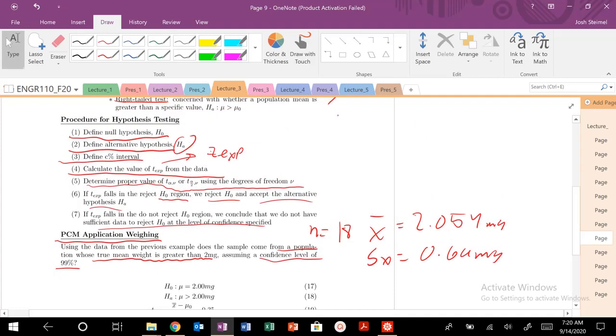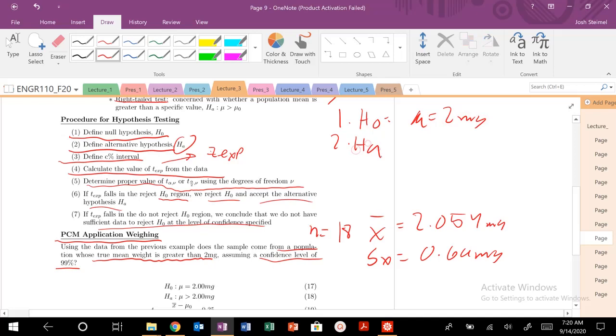From this problem statement, step 1, what is our null hypothesis? The alternative hypothesis is given in here. Whenever you read this data set, it's asking, does the sample come from a population whose true weight is greater than 2 milligrams? So our null hypothesis, our H naught, is that mu equals mu naught, which in this case is 2 milligrams.